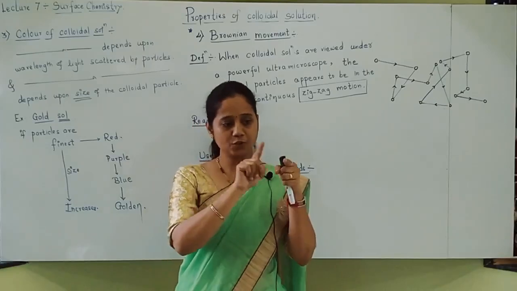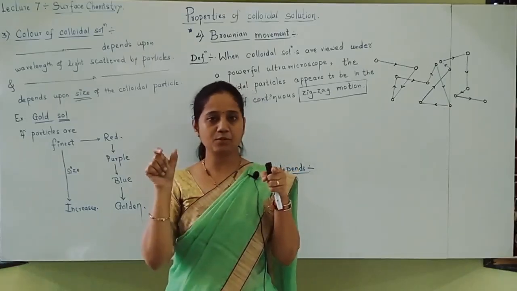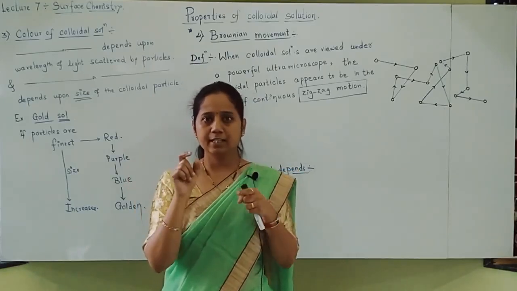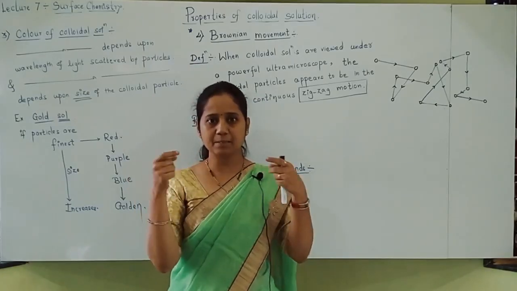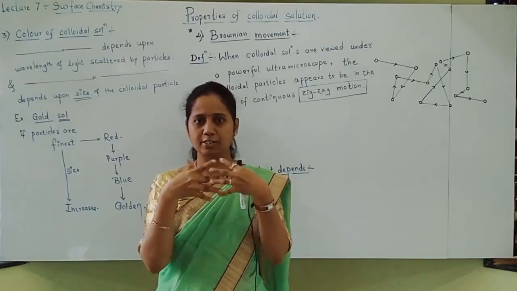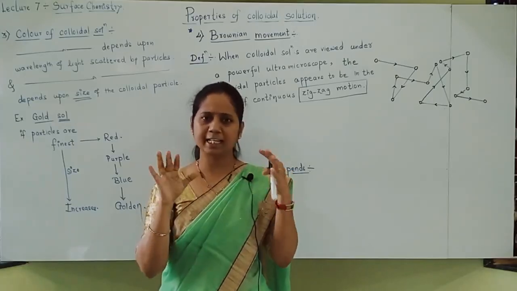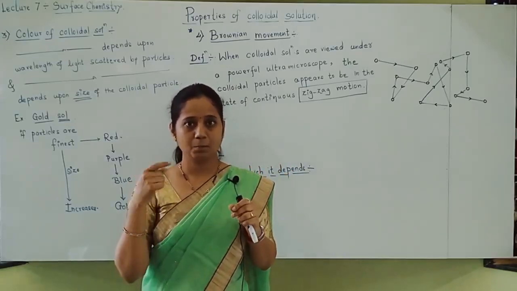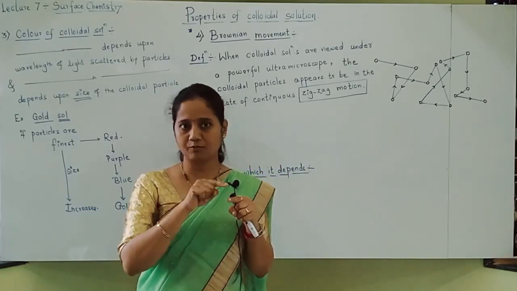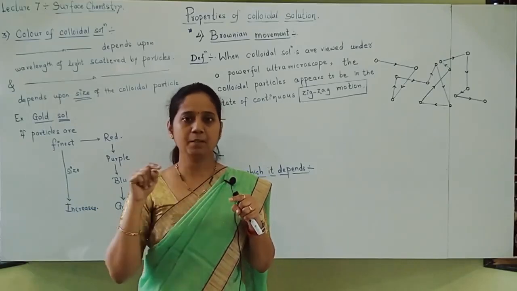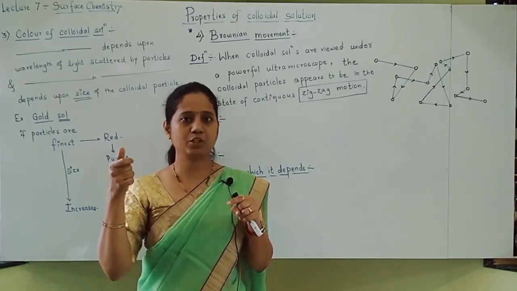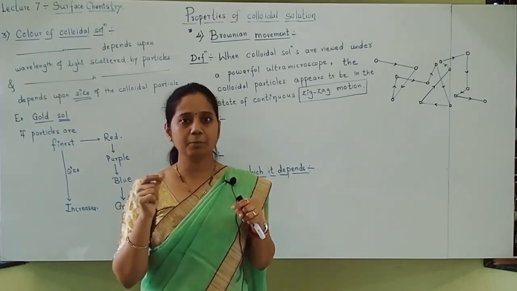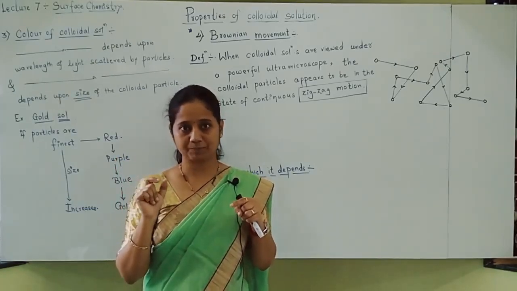The particles of the dispersed phase and the particles of the dispersion medium are continuously colliding, and there is unbalanced bombardment, not balanced anyhow. Between whom? Between the particles of the dispersed phase and the particles of the dispersion medium. This is the reason for Brownian movement.